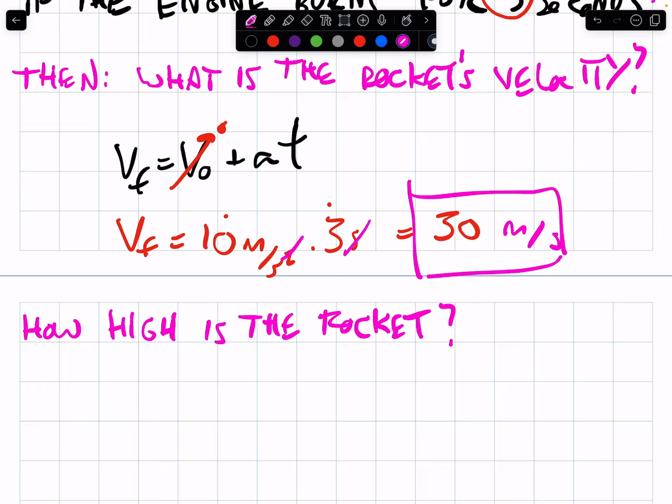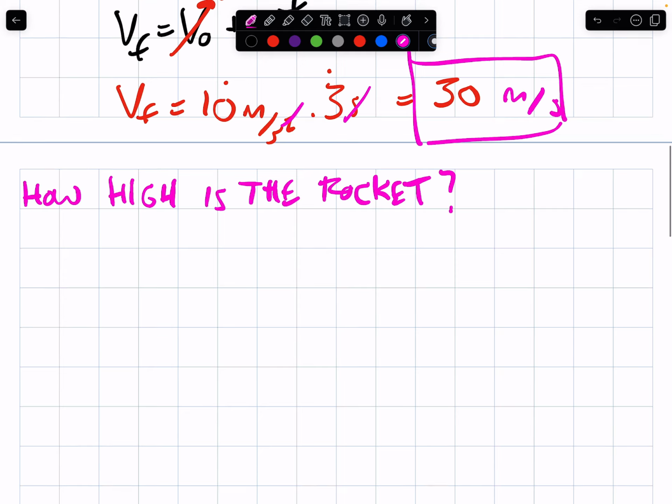So, oh, wait, there's an equation for that. Let me draw a little picture here, though. So here's the ground, and this is not drawn to scale. And so that rocket is initially on the ground. And then that engine burns up and burns.